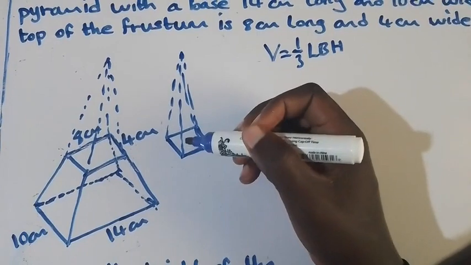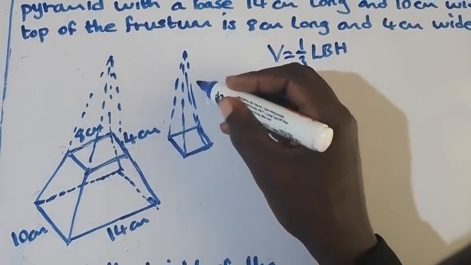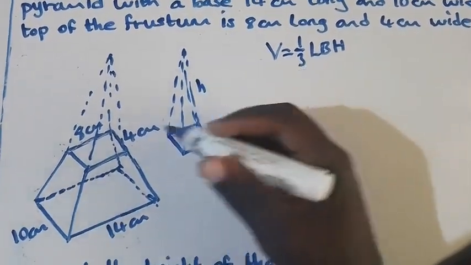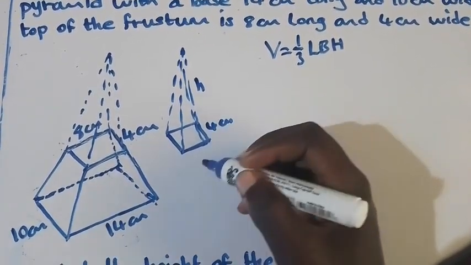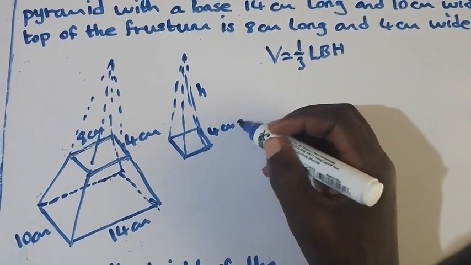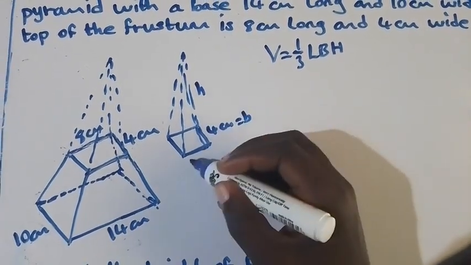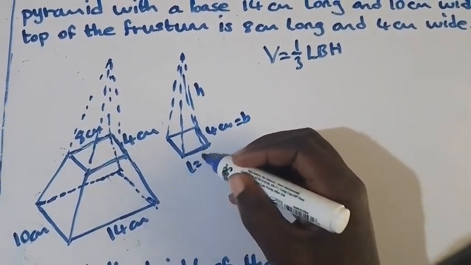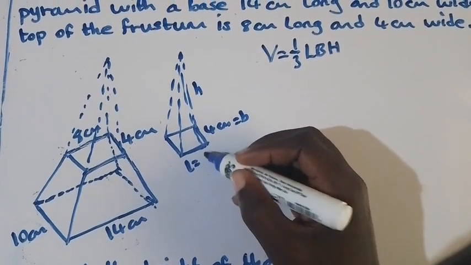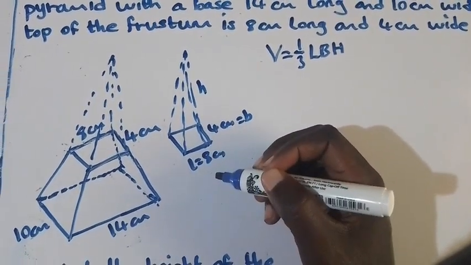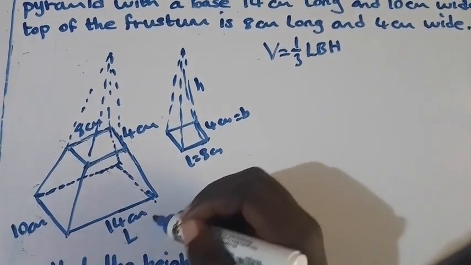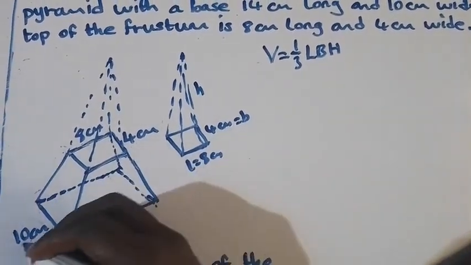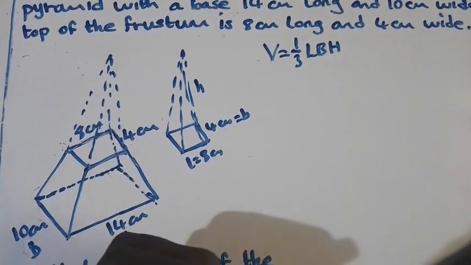So this is the removed part. Now this removed part comes with a small letter h. Then it has 4 centimeters, which is equal to small b. Then a small letter l equal to 8 centimeters. Then this is capital letter L. Then this is capital letter B.